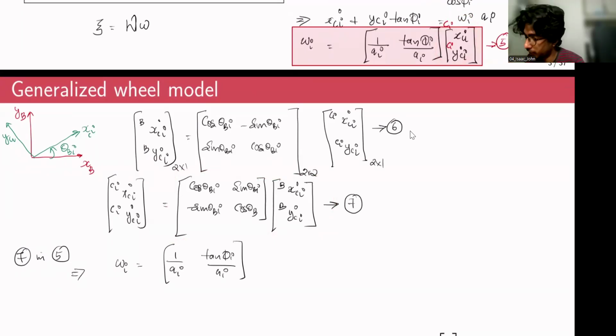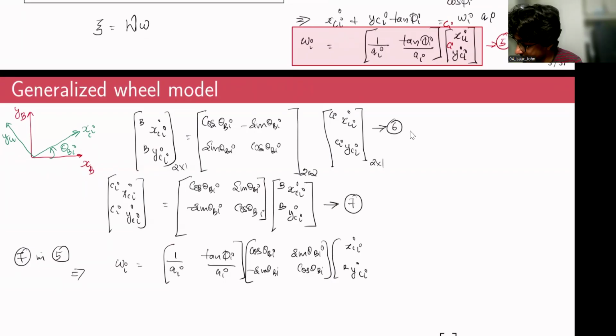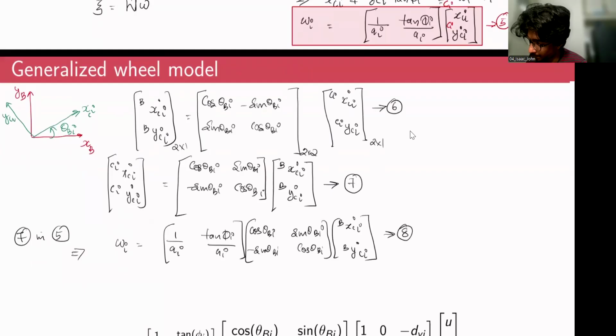So we get cos theta bi, sin theta bi, minus sin theta bi, cos theta bi, multiplied by xci dot, yci dot with respect to the b body fixed frame of reference. So I label this as equation 8. So we have reached thus far.